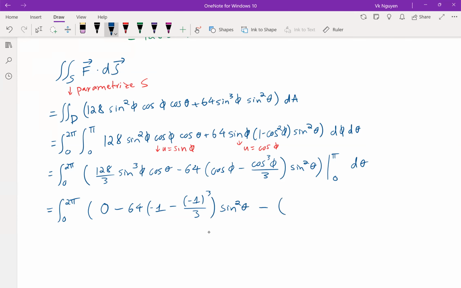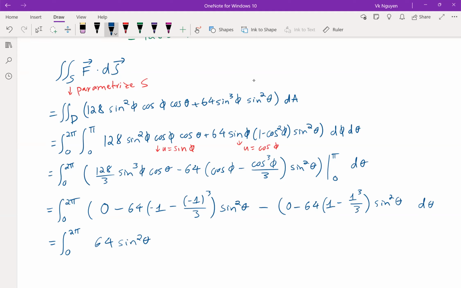Sine 0 is going to be 0, so it's going to be 0 minus 64 times cosine of 0 is 1 minus 1 to the 3 over 3 sine squared theta d theta.